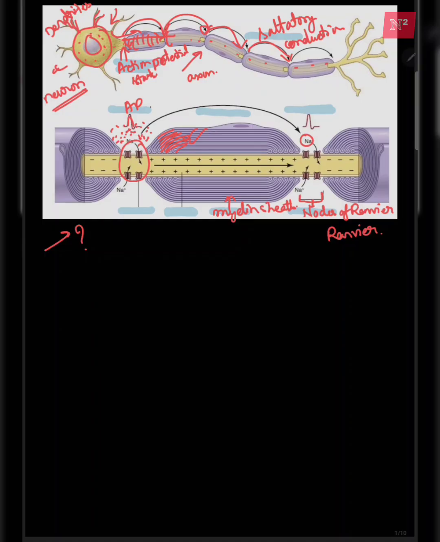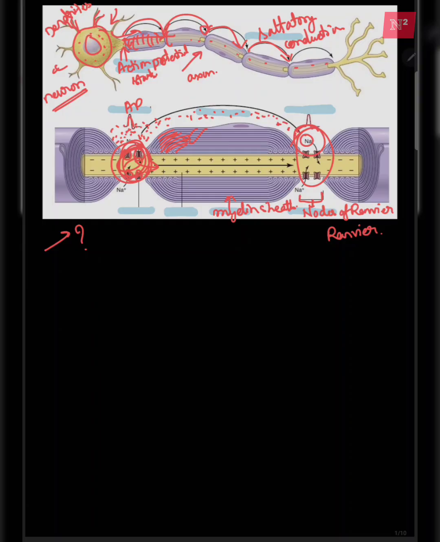For depolarizing the part of the exposed axon, it requires few ions which will depolarize this section of the neuron. The rest of the ions will then pass along under the myelin sheath, and will directly depolarize the next exposed node of Ranvier.